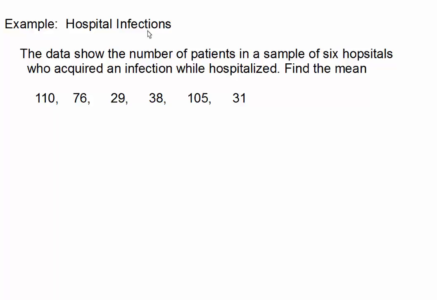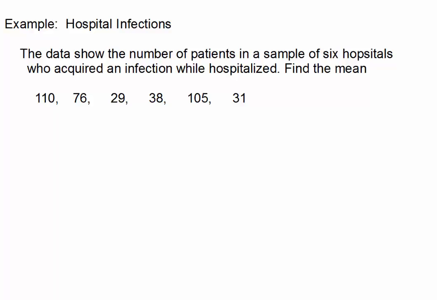In this example, we're going to be talking about hospital infections. This data show the number of patients in a sample of 6 hospitals who acquired an infection while hospitalized. We want to find the mean.